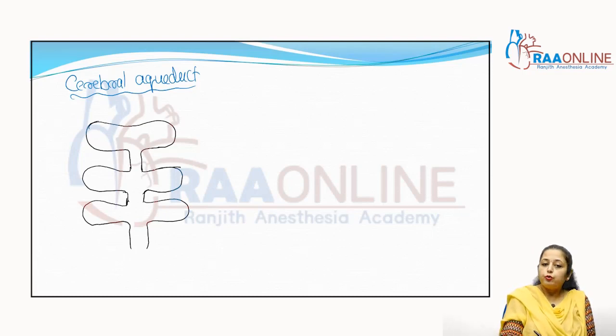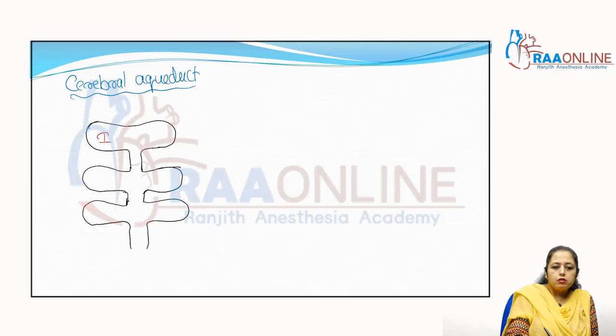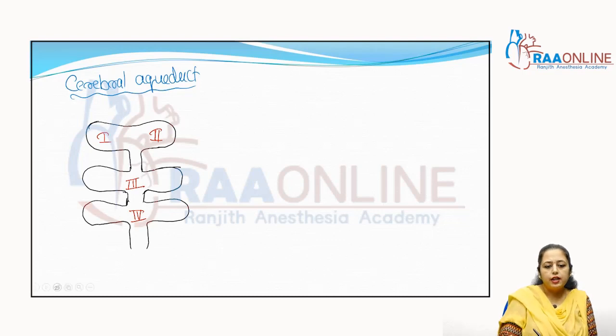There are 4 ventricles present in the brain. These are the cavities actually, right? First ventricle, second ventricle. This is the third ventricle. This one is the fourth ventricle, right?